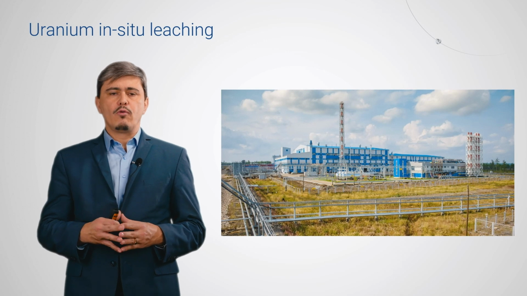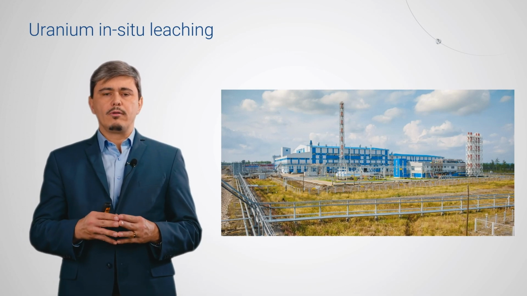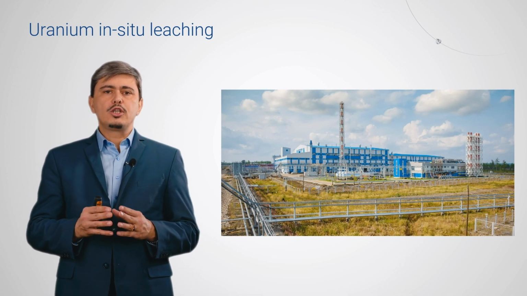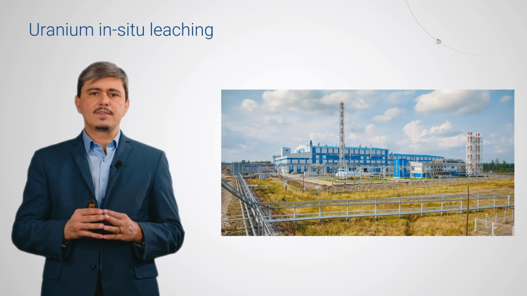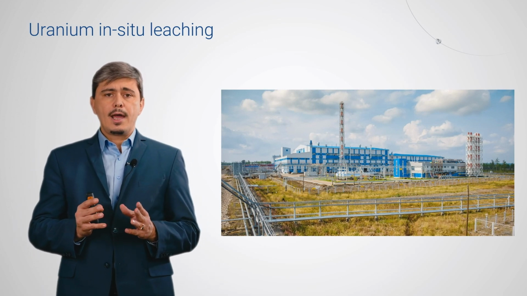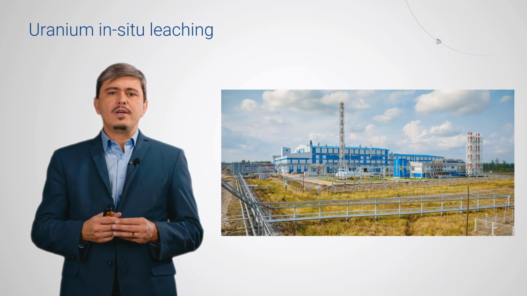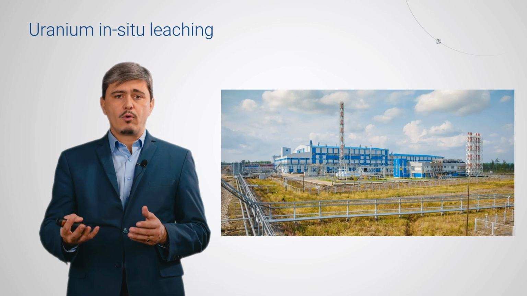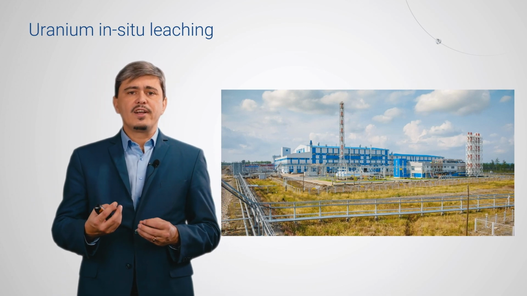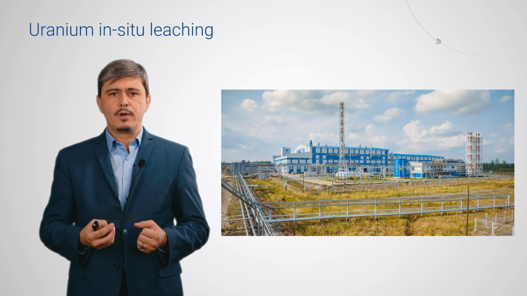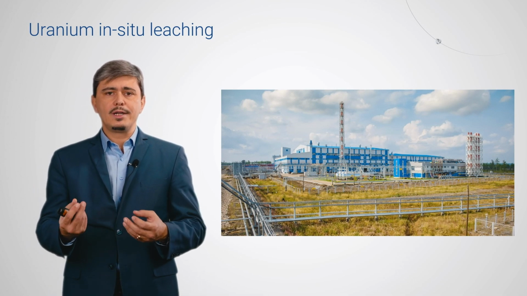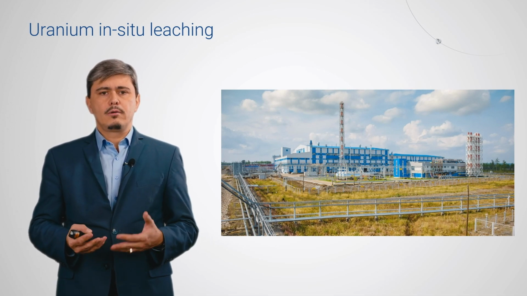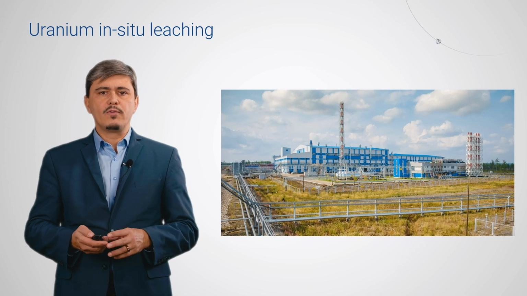In place of uranium depots, we drill several deep shafts in the ground, and we pump special chemical solutions into these shafts. The idea is that in reaction with the solvents, uranium will be flushed out from the ore, and there is no need to extract a huge amount of ore. We can extract only the uranium dissolved in the solution, and then by filtering, we can get clean uranium from this ore.